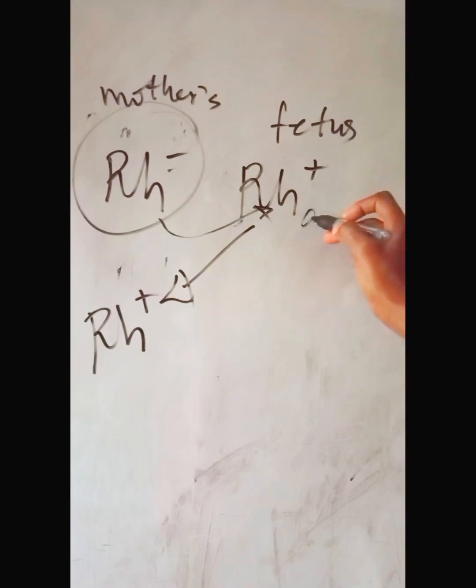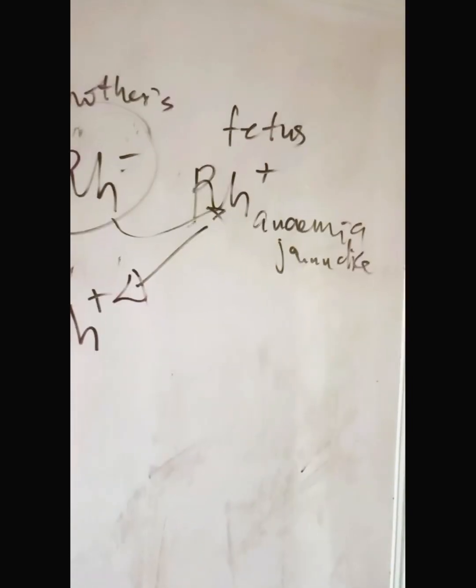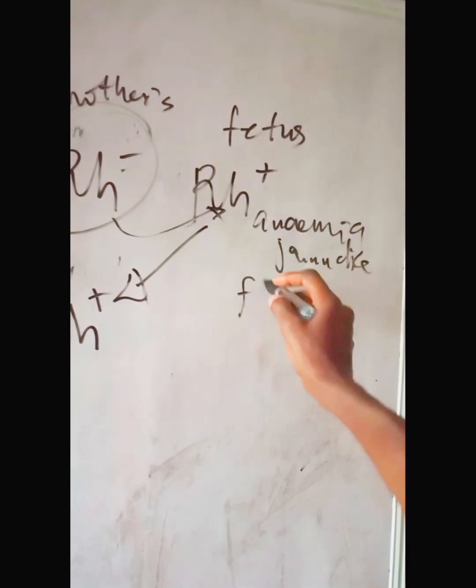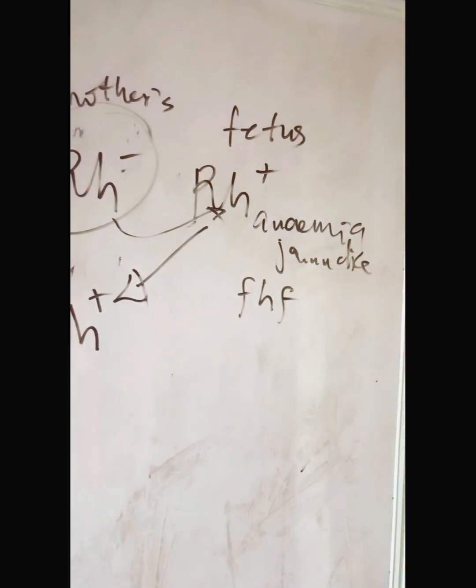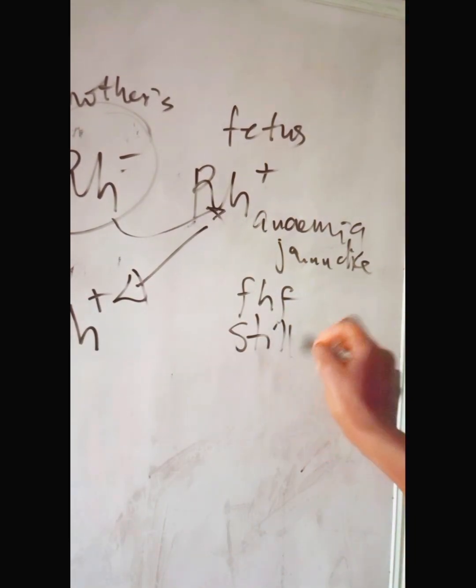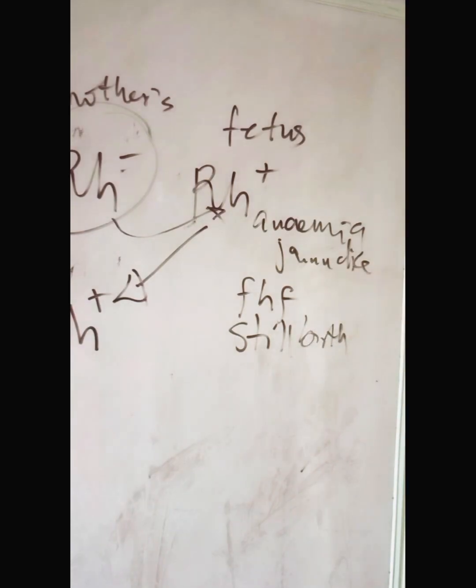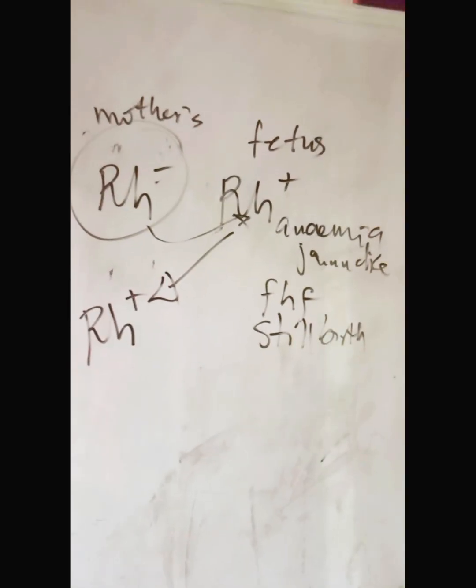Complications such as anemia, complications such as severe jaundice, complications such as fetal heart failure, and in worst case, it will lead to stillbirth. Stillbirth is the case that the child was dead at birth. This is really life-threatening.